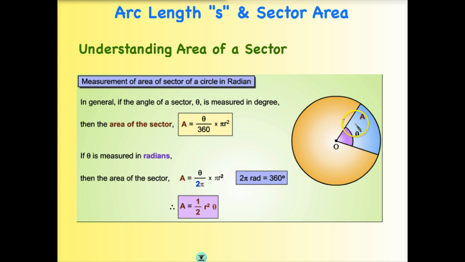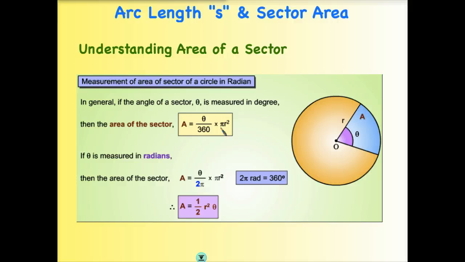If we're just wanting to find an area of a portion, this pi right here in blue, then we would figure out what that fraction is based on whatever degrees this opened up to. So if this was 45 degrees, we would take 45 over 360 to figure out what fraction of a circle we had, and then we would multiply it by the equation for the area of a circle, pi r squared.